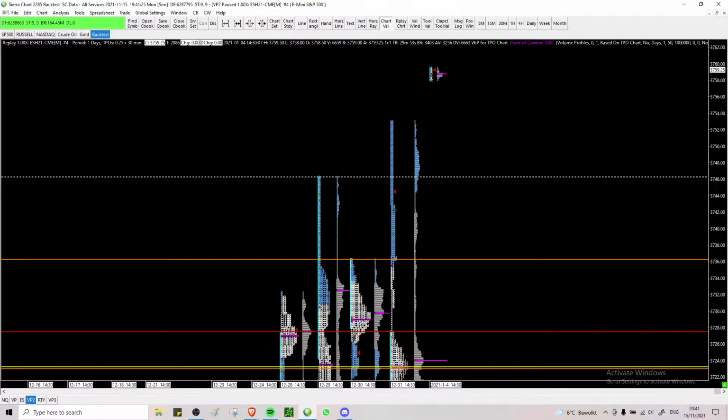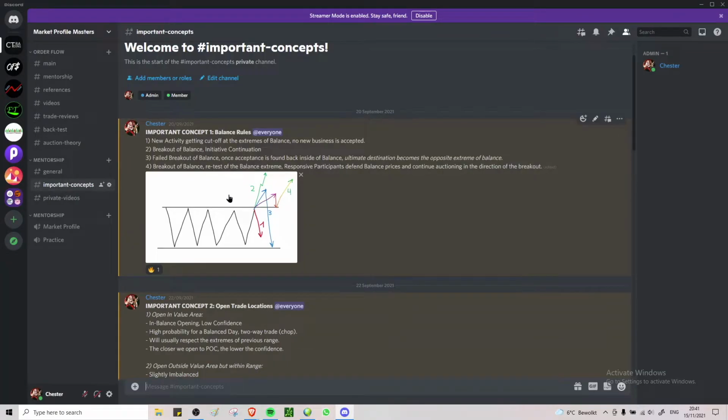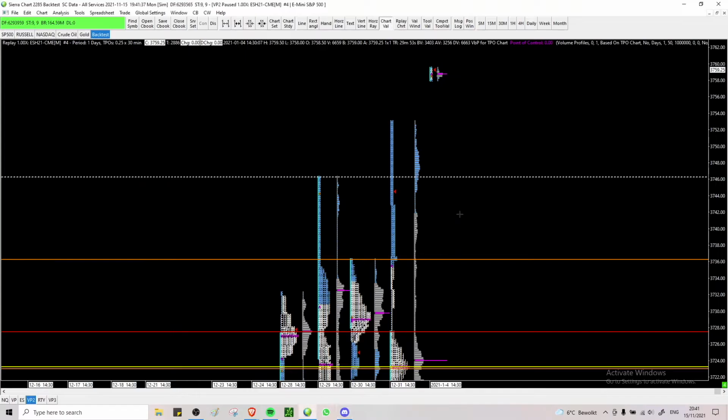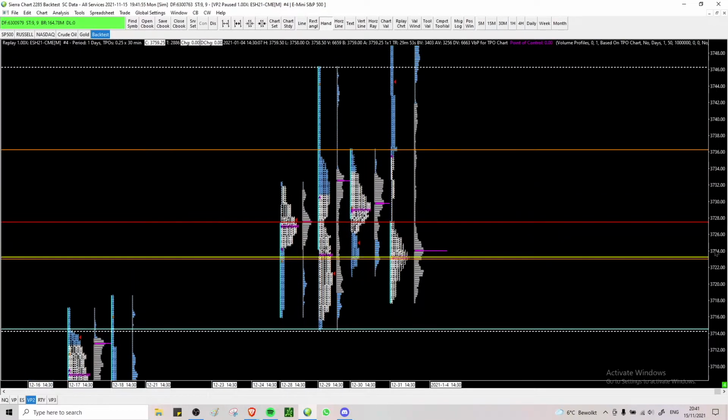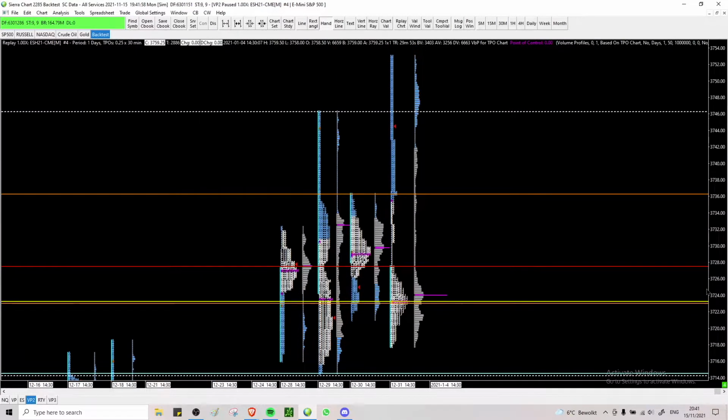That means if we find further acceptance back down here, it comes down to this third concept: if you fail on one side of the balance, the theoretical trade destination becomes the opposite side of balance. In this case, we failed at the top, so our destination becomes this 3-day balance low. That is the first downside factor that we had going into today, but we had a couple of them.